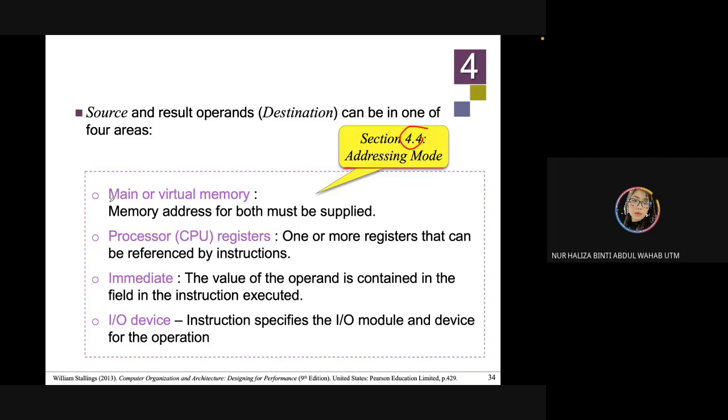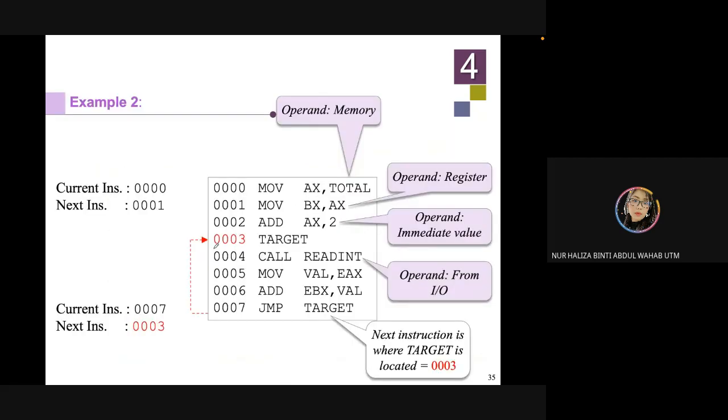You're going to have main and virtual memory. You have here processor CPU register, immediate and input output. And in the example here you can see, this one is inside your memory. This one is your register.